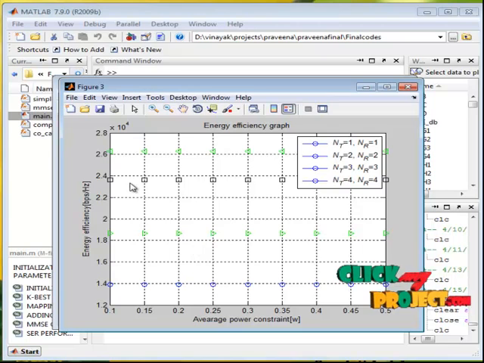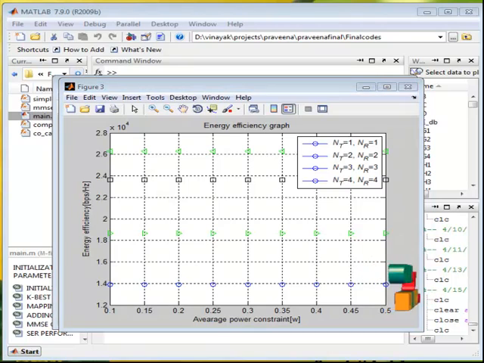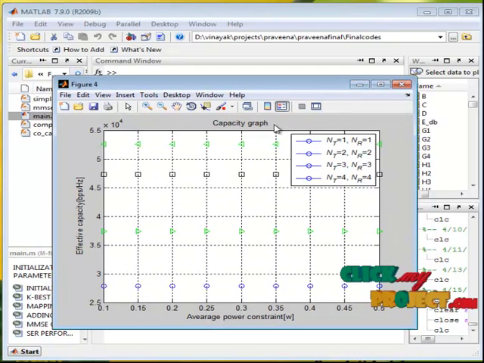The efficiency of the system for various average power constraints is also displayed here for various numbers of transmitters and receivers. The transmitters and receivers are varied as 1, 2, 3, 4, and the energy efficiency is calculated for each number of transmitters and receivers. Then it is displayed in this plot. The variations are constantly modulated here.